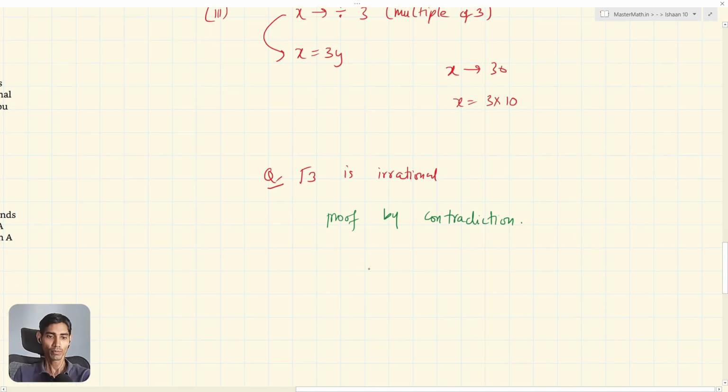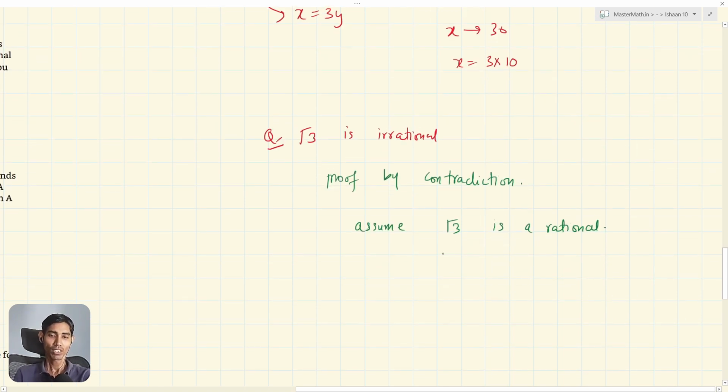So assume root 3 is a rational number. Now we'll refute this. We'll follow some procedural steps, and then we'll refute this. If root 3 is rational, we can write that in p by q form or a by b form, right? Is that okay?